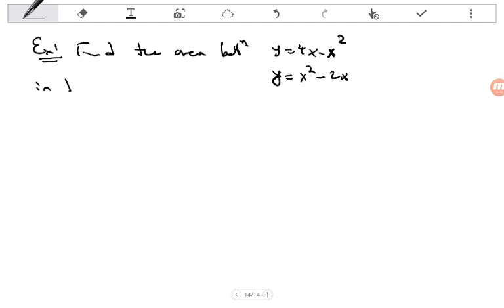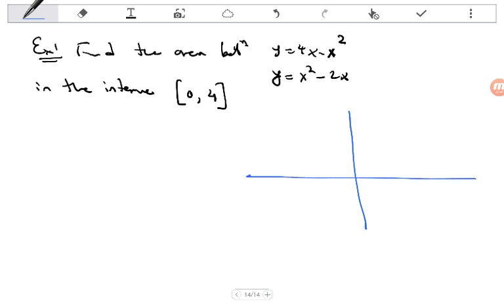I will just give it in the interval 0 to 4. Let's graph these two parabolas.